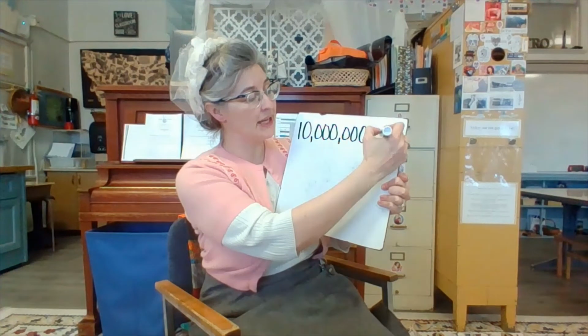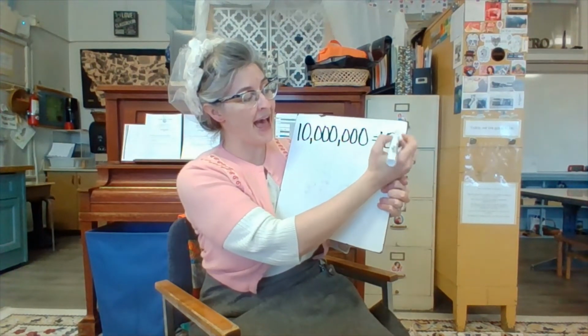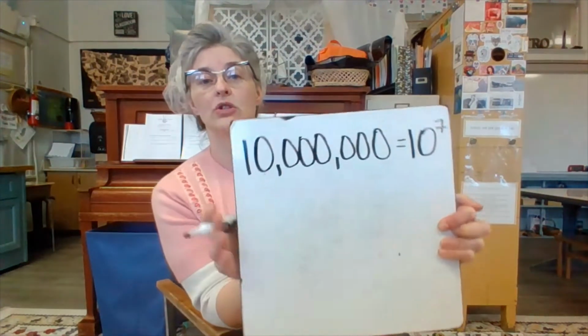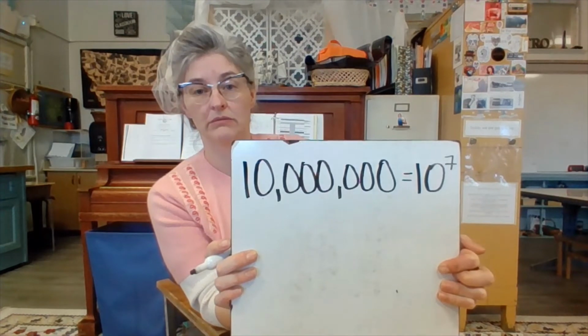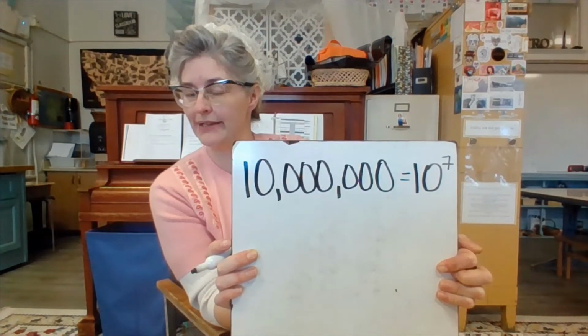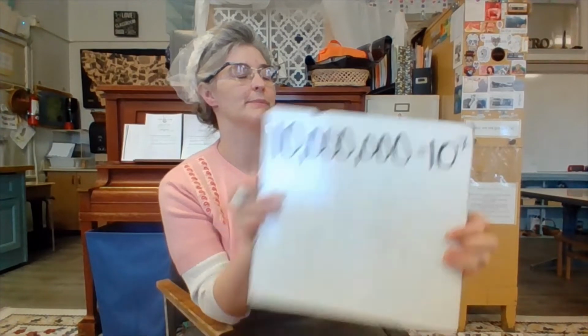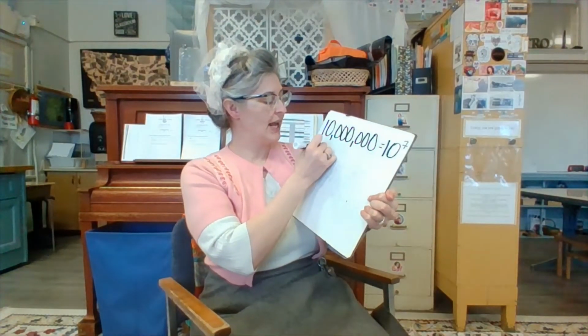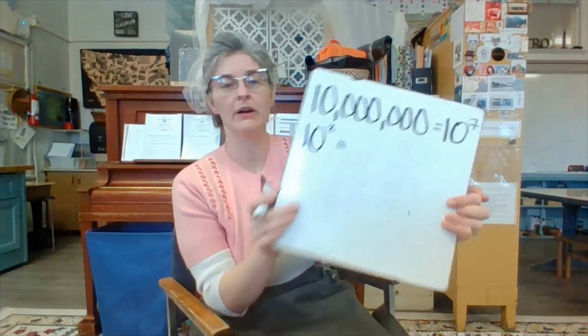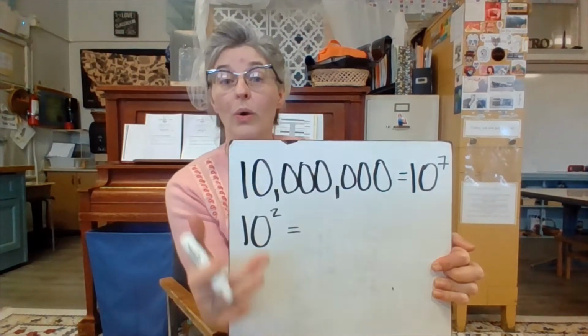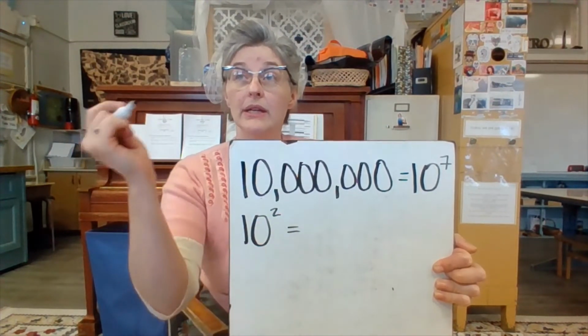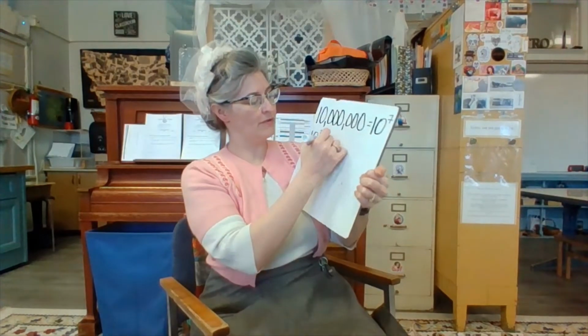That is going to be equal to or the same as 10 to the 7th power. Very nice. Oh, I think I'm starting to get this. If I have 10 to the 2nd power, how would I write that? Oh, it means 2 of them. 10 times 10. Oh, 2 of them.